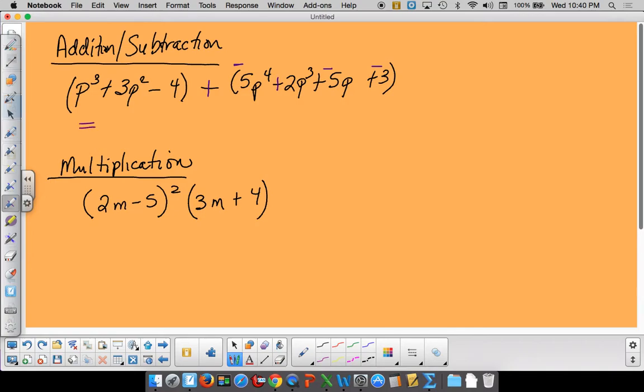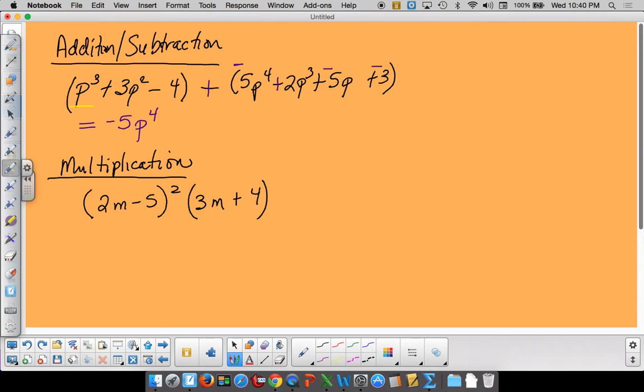Now, it's simply a matter of we need to combine like terms, but we also need to end up in standard form. So we need to figure out what's the highest power term we see up there. Well, the highest one I've seen is the p to the fourth, so I believe we would start this thing with a negative 5p to the fourth. Are there any cubes up there? And yes, there are.